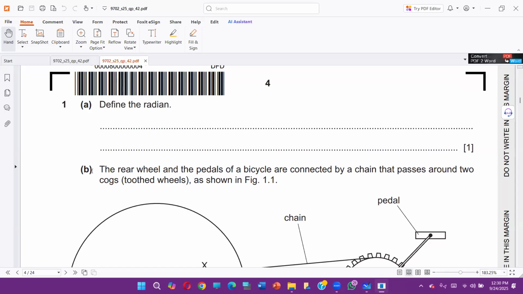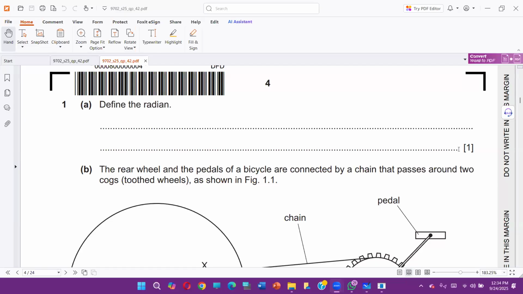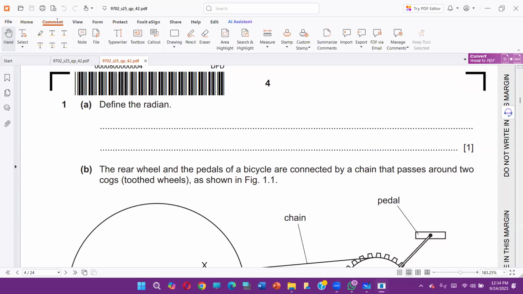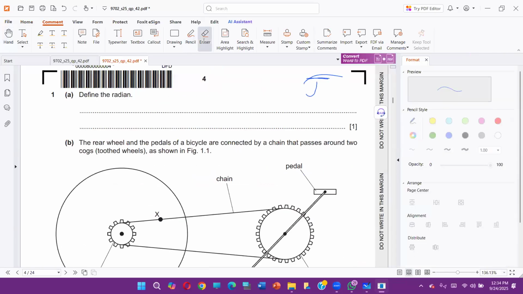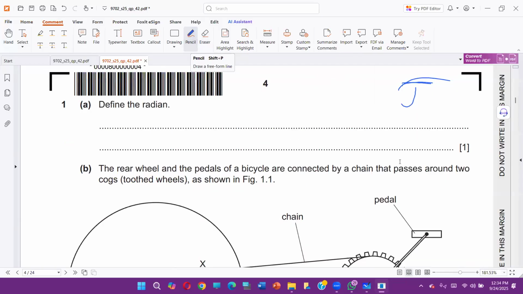I think it's 41 perhaps. 41, question 1. June 25, paper 42. First question.